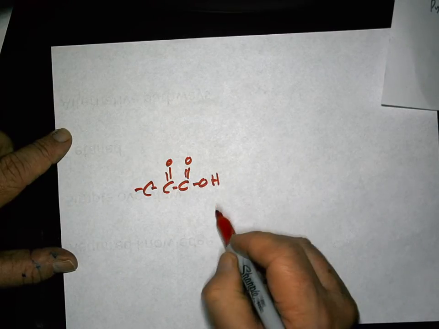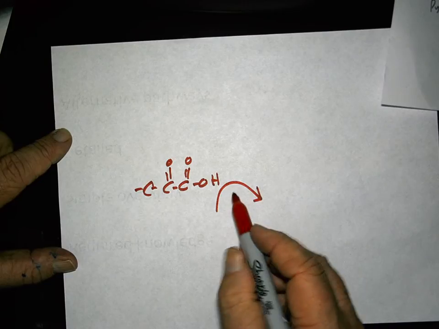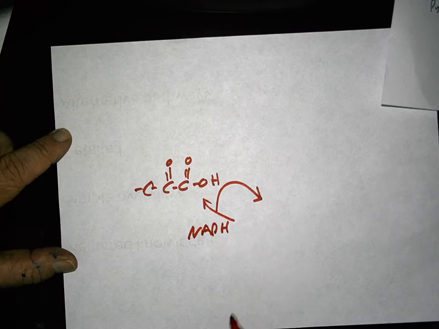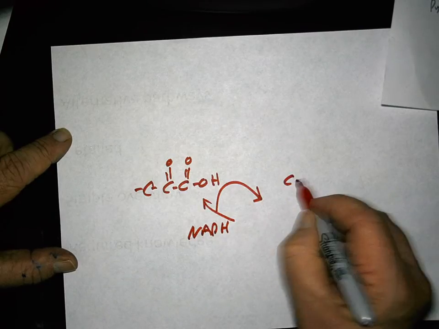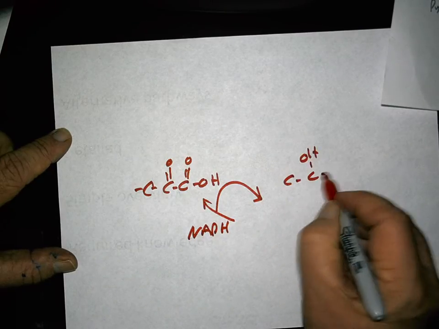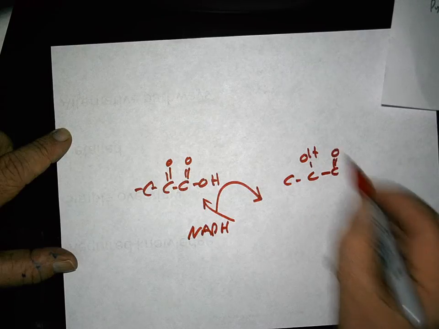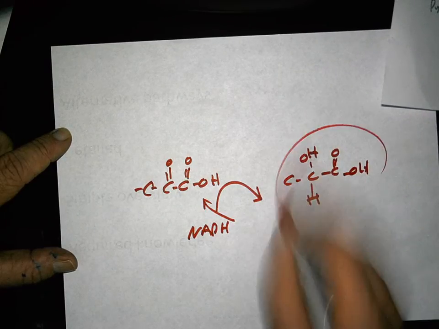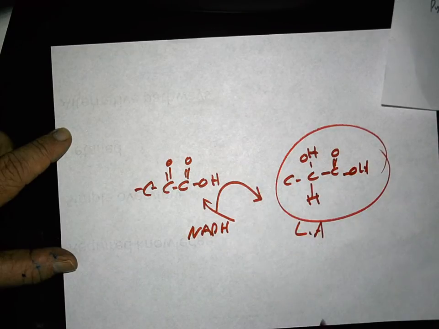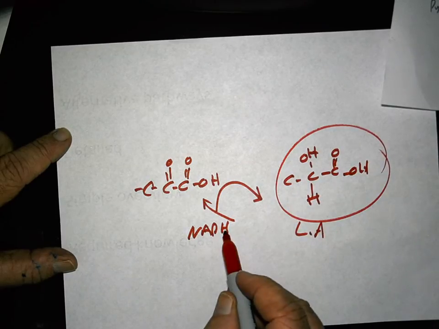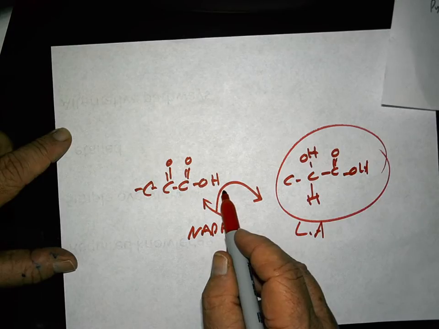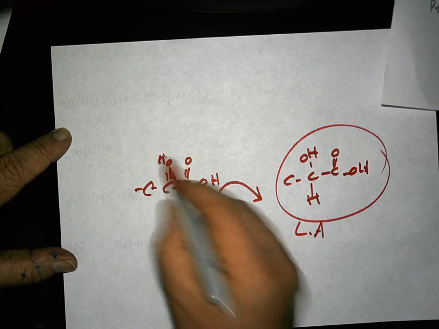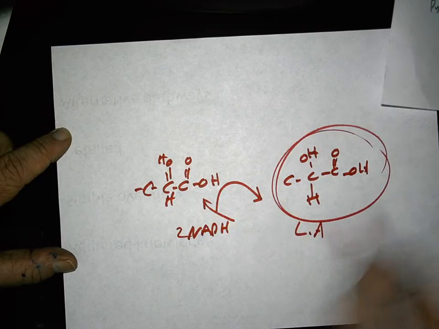If you drop off your NADH and add it to this, you now have this structure. That's your lactic acid. So by simply dropping hydrogen off here, and of course there'll be 2 hydrogens you drop off, one binds here, one binds here. You get this structure, which is lactic acid.